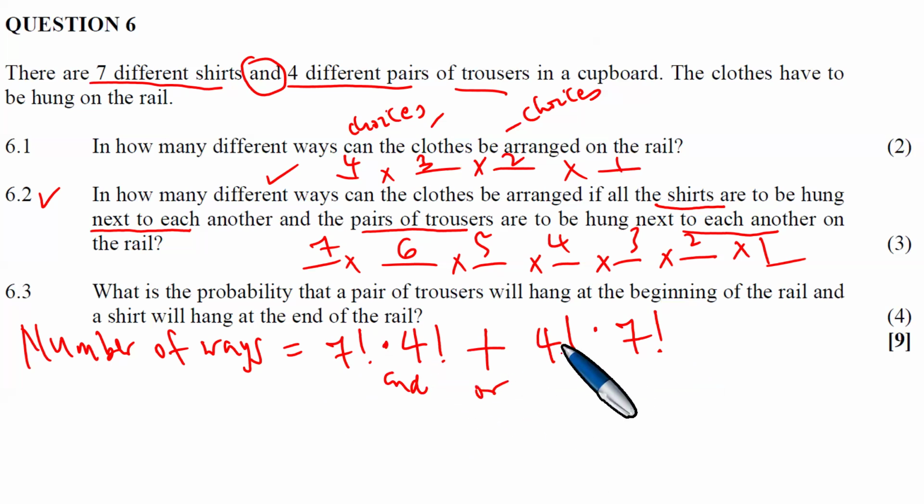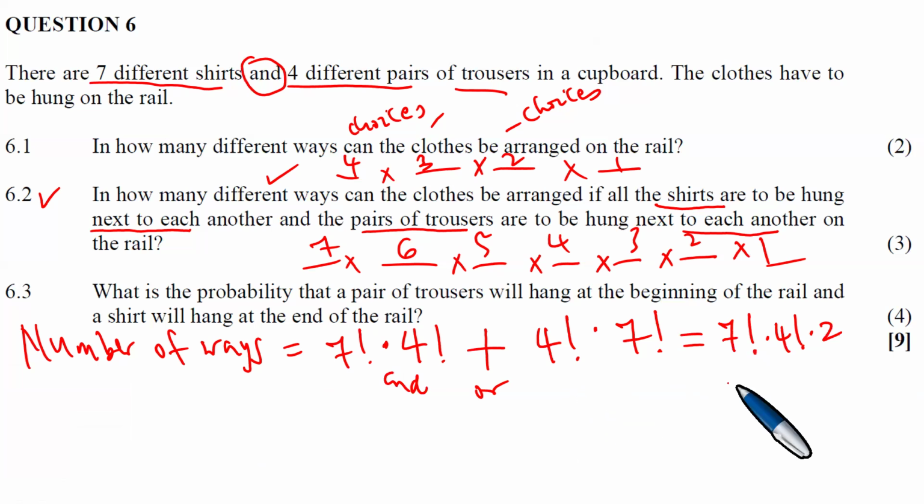Or you start with the trousers, hang the trousers on the rail, and then after that you put the shirts. So your teacher sometimes will tell you that it is 7 factorial times 4 factorial times 2, because you can do it in 2 ways: start with the trousers or start with the shirts.